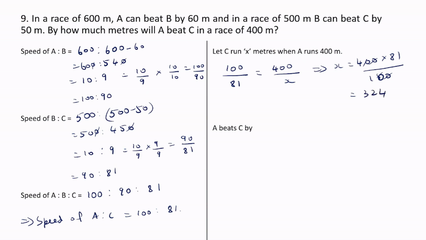So this is 324. So when A runs 400 meters, C runs 324 meters. We got x as 324. So A beats C by 400 minus 324, which is 76 meters. So this is the distance by which A beats C.